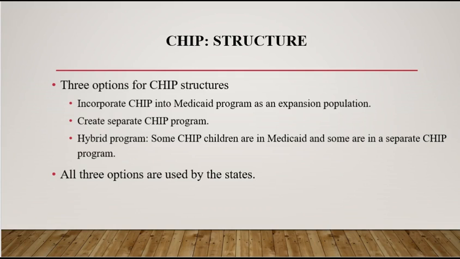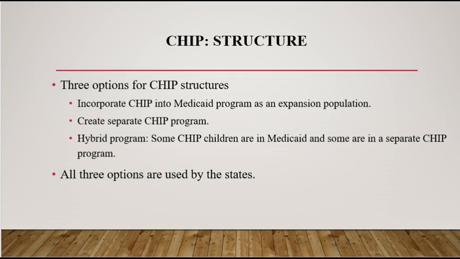CHIP is actually an optional program for states, but all 50 have chosen to participate. The states have 3 options regarding how their CHIP program is structured. The first option is that states may incorporate CHIP into their existing Medicaid program by using CHIP children as an expansion population.